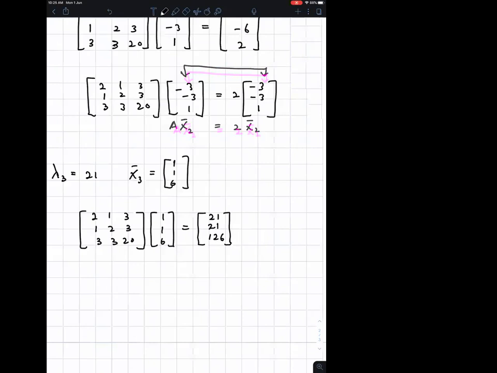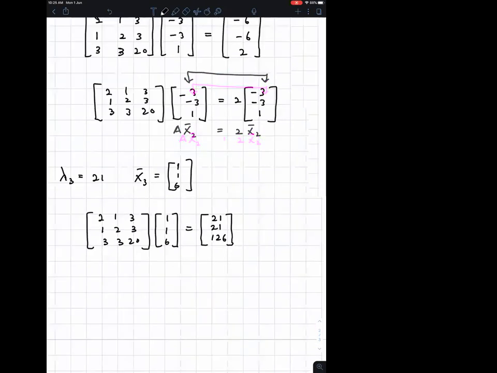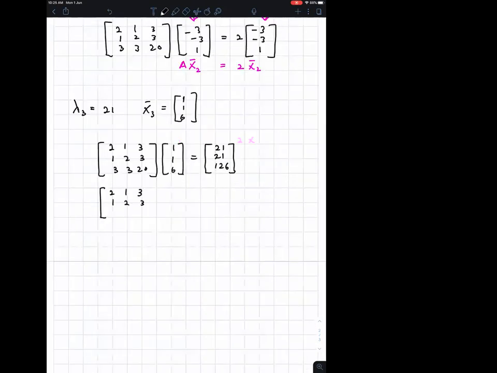Is equal to, now you factor out the 21, you get 1, 1, and then you will get 6 here.